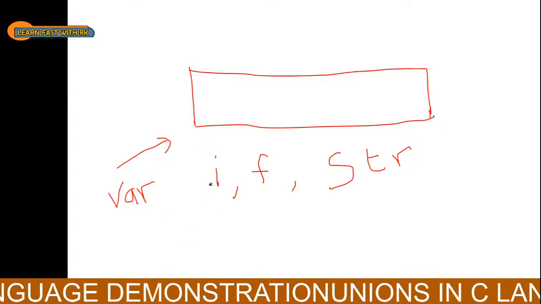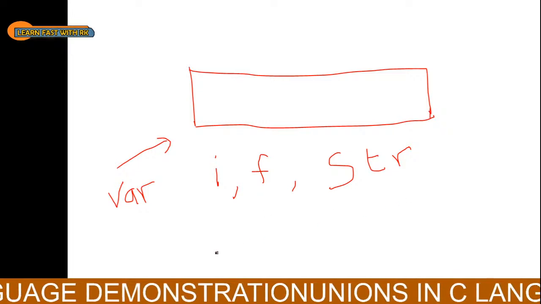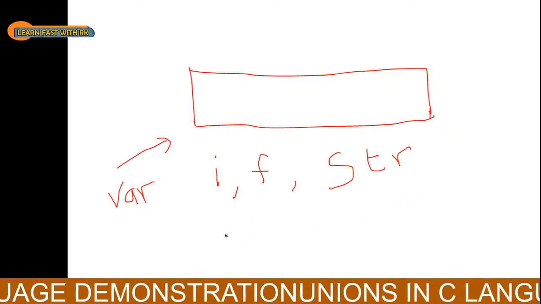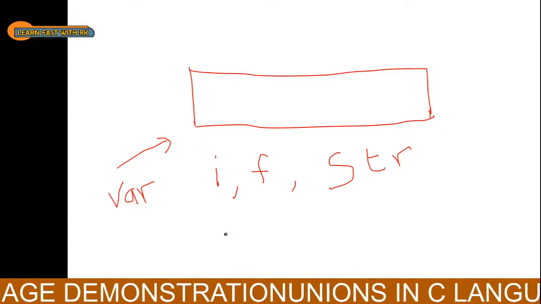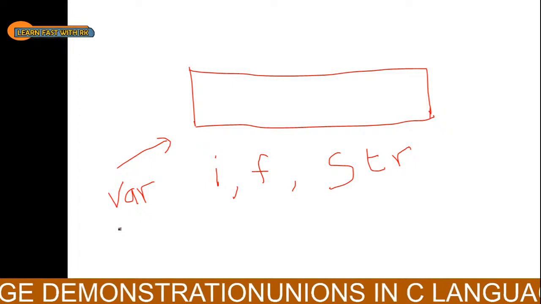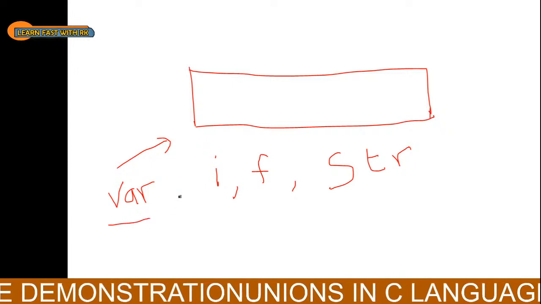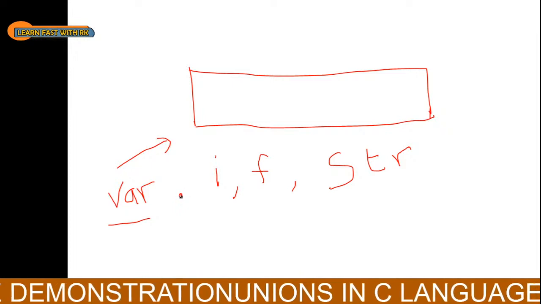Now, in order to access these three member variables, we use a syntax similar to that used for structures, which is the variable name and then the accessor operator, which is called the dot operator.